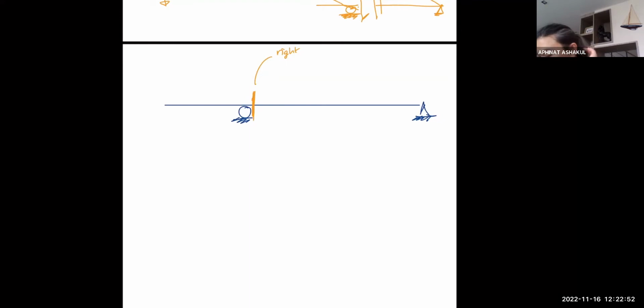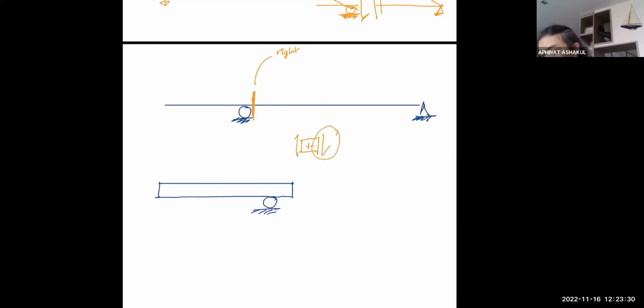Okay, so now when we are slightly to the right side of the reaction, if I am going to draw this even bigger, let's put the thickness on it. And if I am going to allow this to move freely, now our sign convention for the positive shear is this, right?